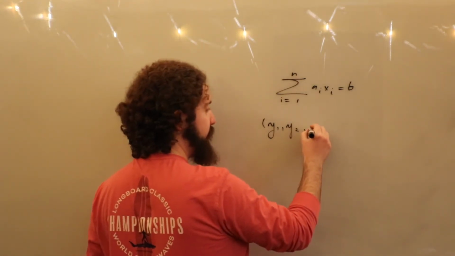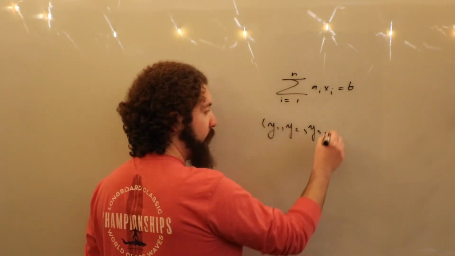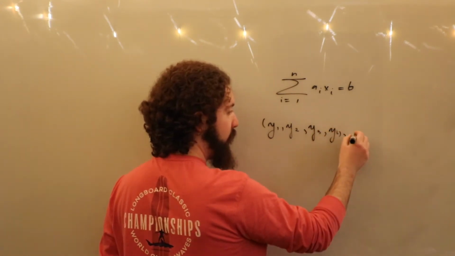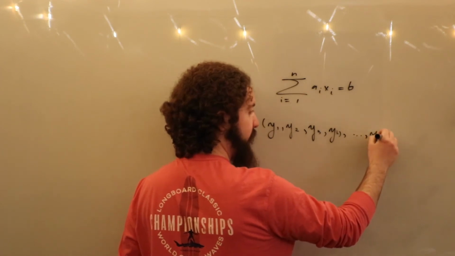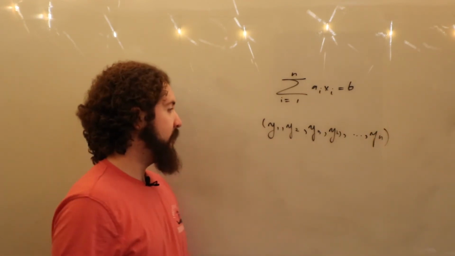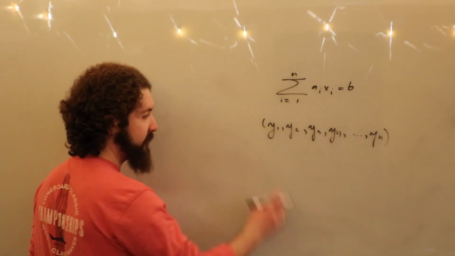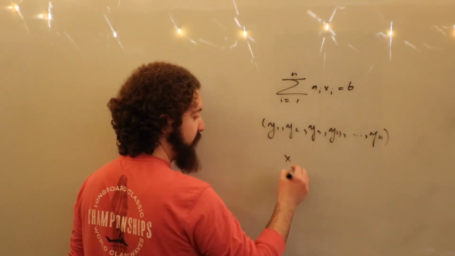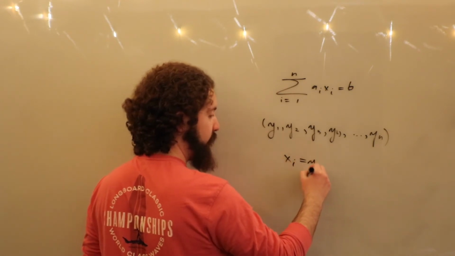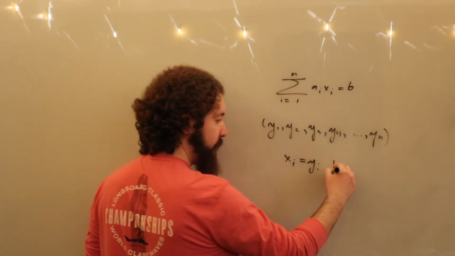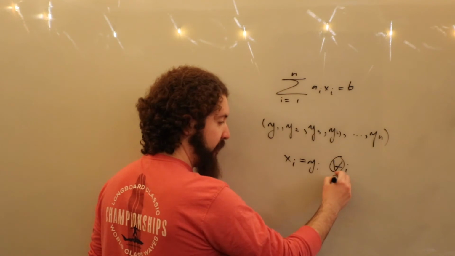We could have an ordered triple, we can have an ordered quadruple, or we could have an ordered n-tuple. And a legitimate solution to this linear equation just consists of an ordered n-tuple such that if we set x_i equal to y_i for every i, this symbol means for every.